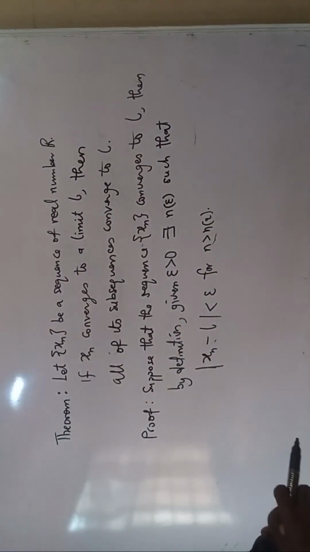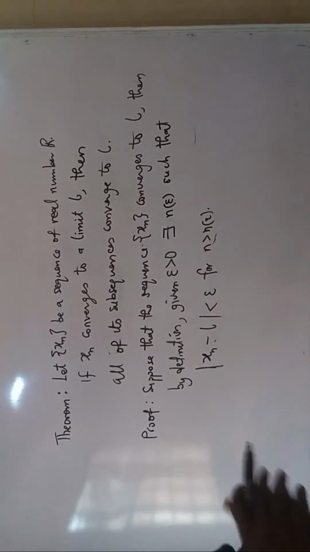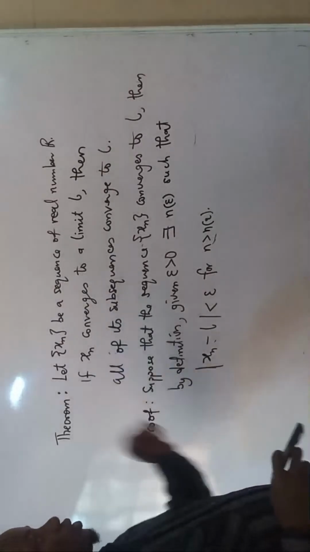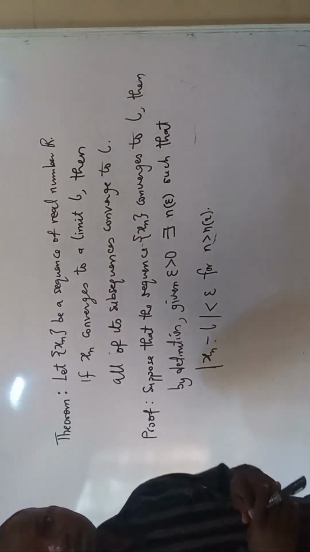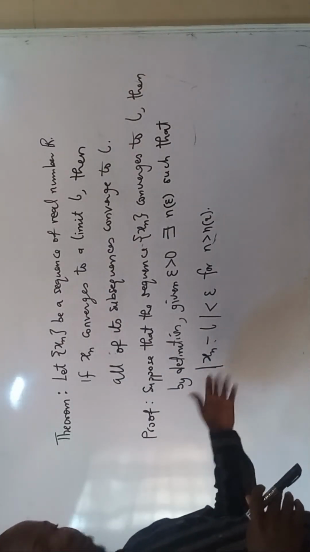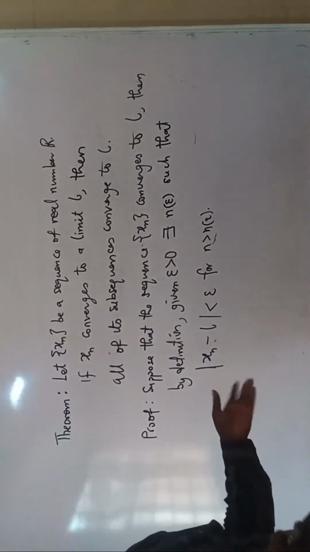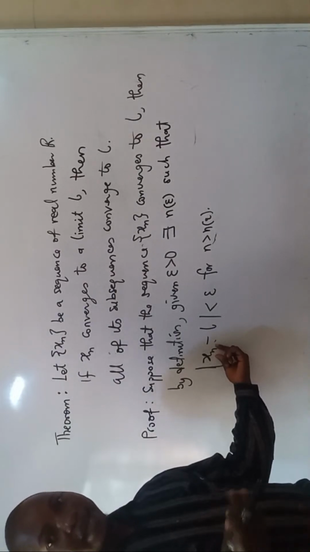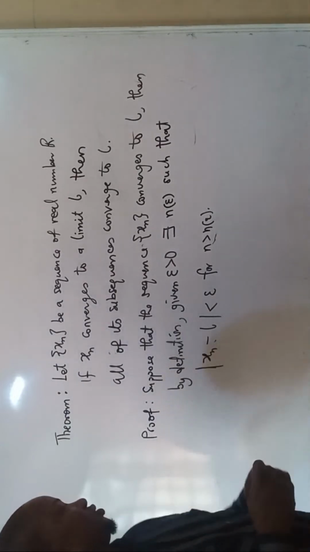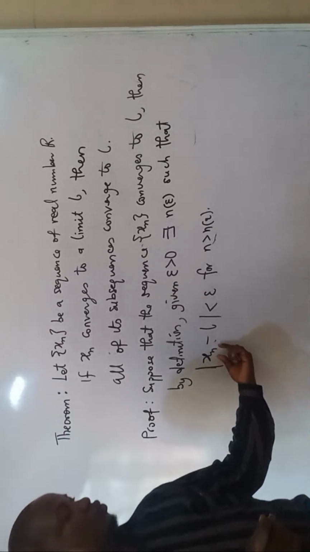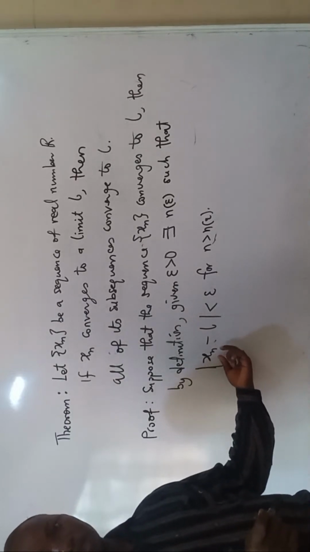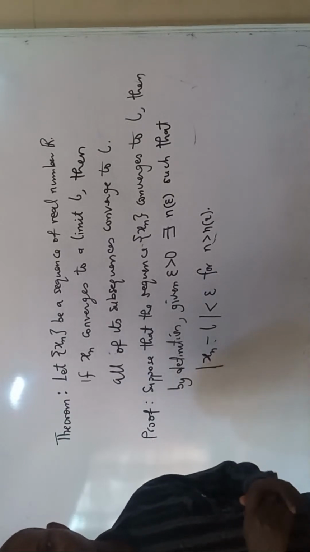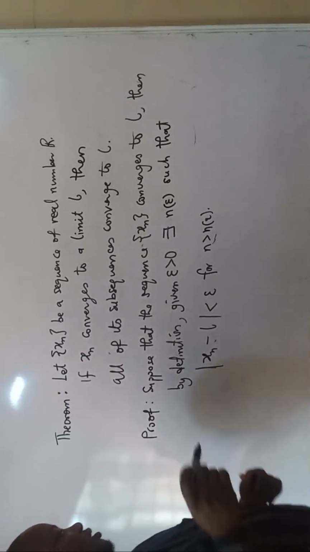So since we have this, you will recall that if you have a sequence, to form its subsequences, what we do is to replace the subscript here by nk. We just introduce the nk, which is the subscript for the subsequence of xn. And how do we do that?